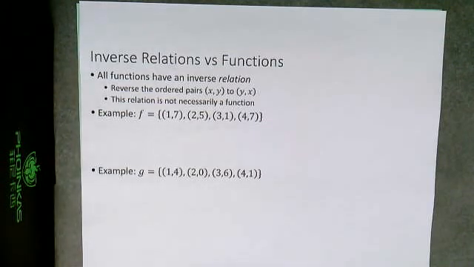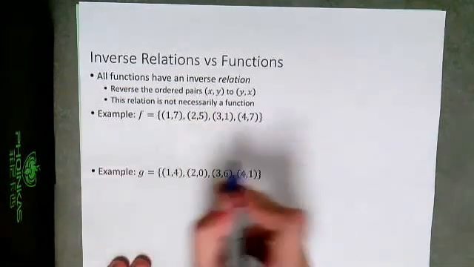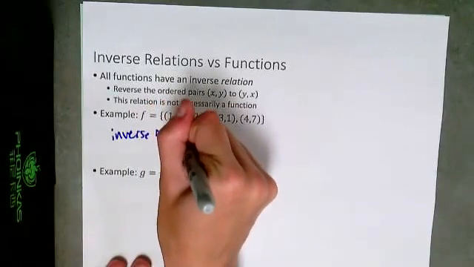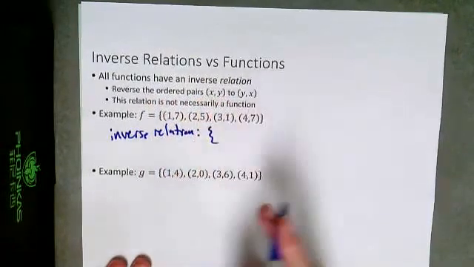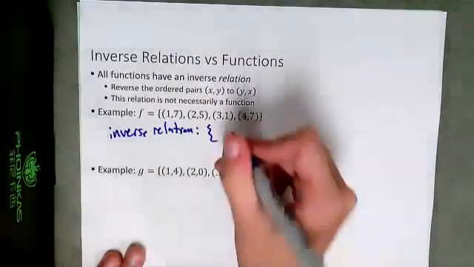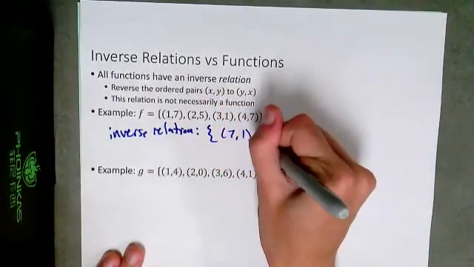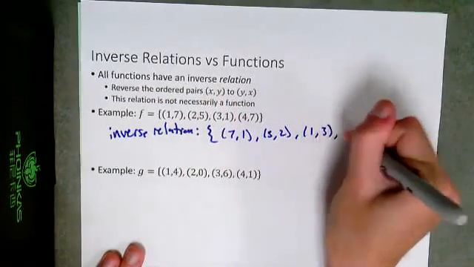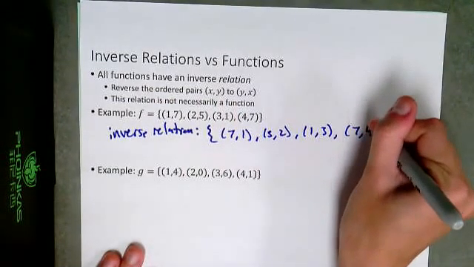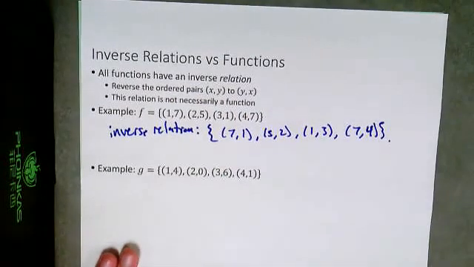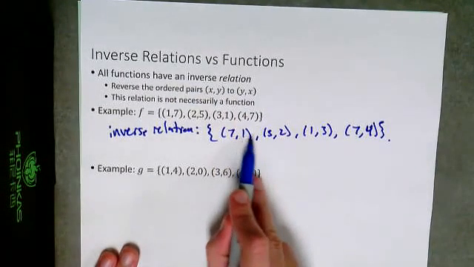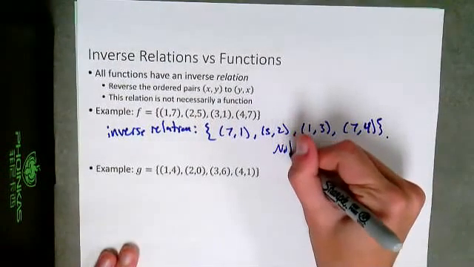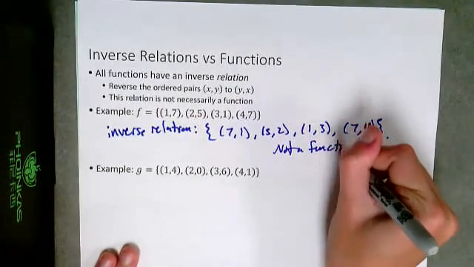So if you look at the inverse relation of this guy, it's just going to be the set of points where we swap x and y. So this is going to be (7,1), (5,2), (1,3), and (7,4). Clearly, this guy is not a function because you have the same input going to a different output, right? So this is not a function.